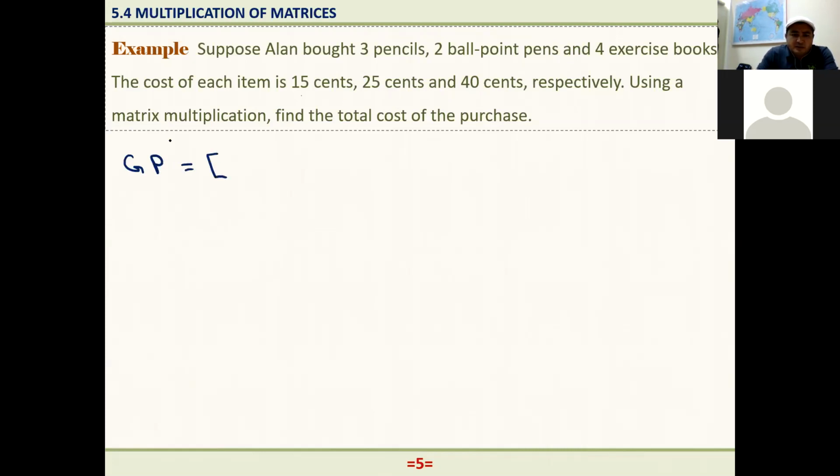And here we have maybe quantity, right here. Here we have 3 pencils, 2 ballpoint pens, and 4 exercise books. Now I need to write here individual prices. Here we have 15 cents. The second item, each one is 25 cents, and this one is 40 cents.